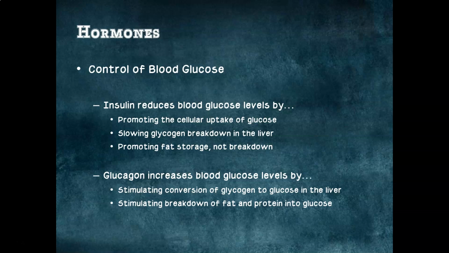So once again, insulin's job is to reduce your blood sugars, so promote the cellular uptake, slow down the glycogen production in your liver, and if necessary, promote fat storage if that level of glucose remains high in your blood for long enough periods of time. The glucagon, on the other hand, does the opposite.